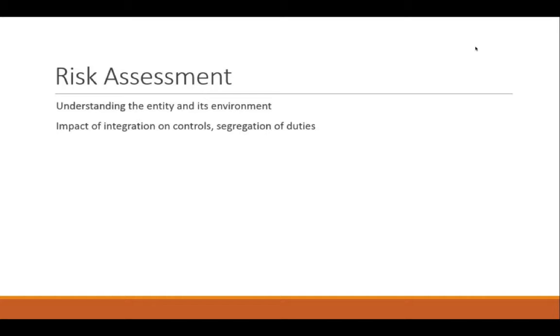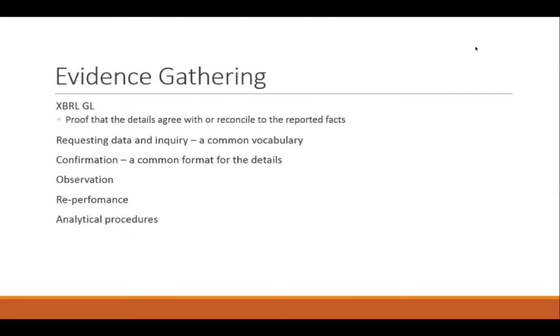Also, the risk assessment method will change. For example, because the tag starts to be added when the information is input into the system, it is controlled at the beginning. So maybe in this case we don't need such strict internal controls for that information, because tags are already added from the beginning. It will have an impact on the integration of control and segregation of duties.